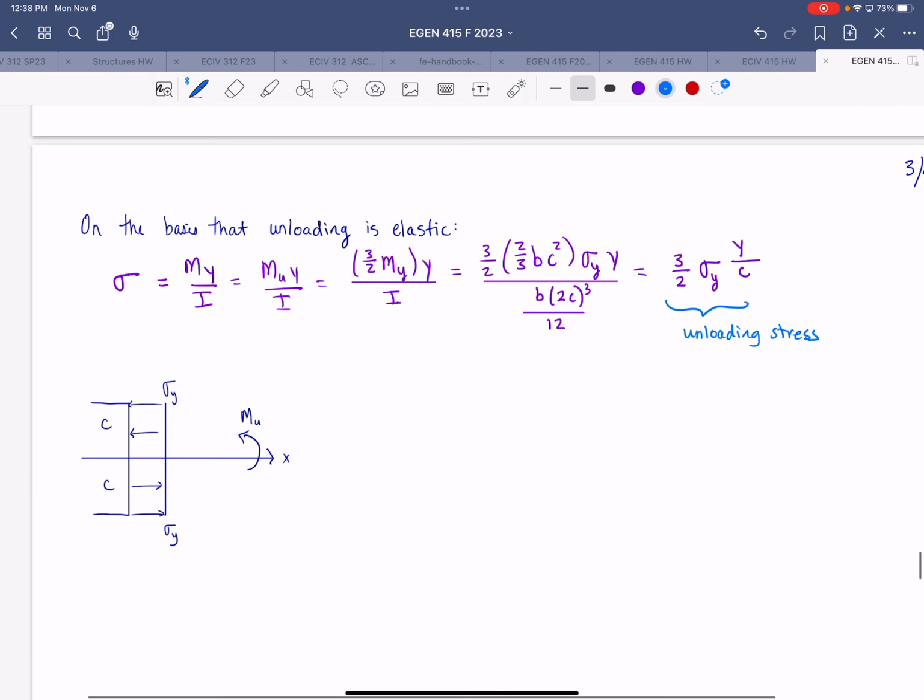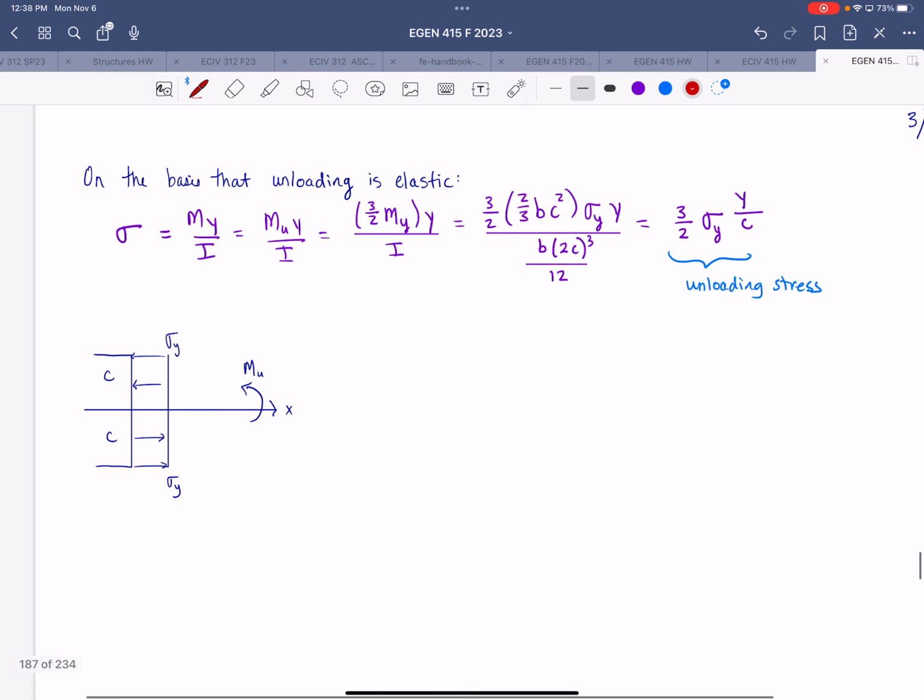Now we'll map this out visually because I think it's easier to comprehend with the stress diagrams on the cross-section. So down below, I've pre-sketched the loading condition to the point of plastic hinge. Now, next to it, I'm going to sketch the unloading stress.